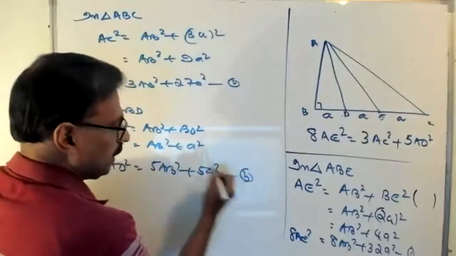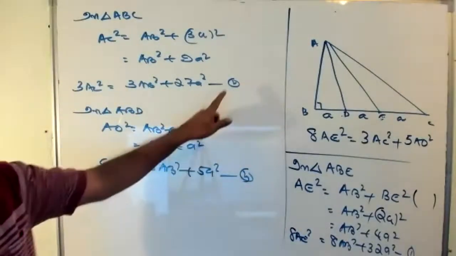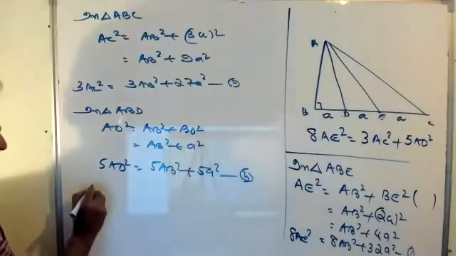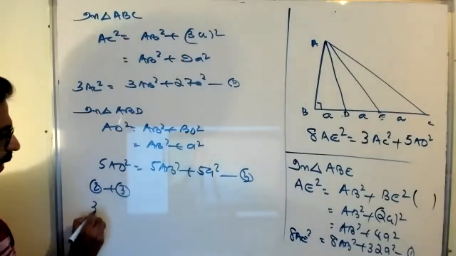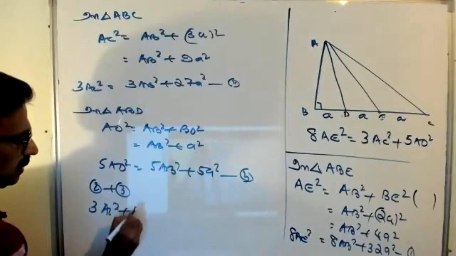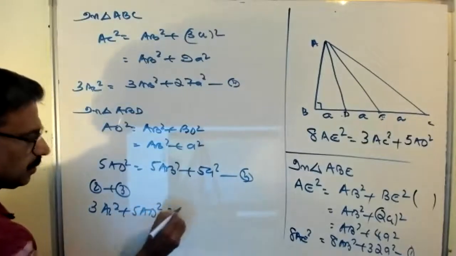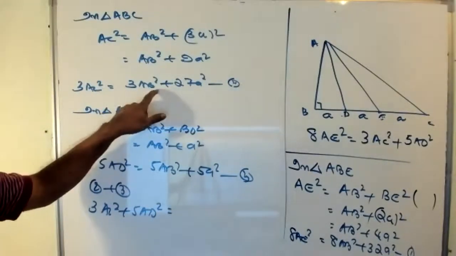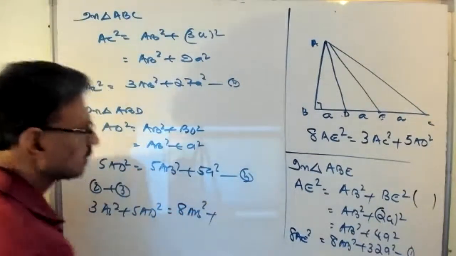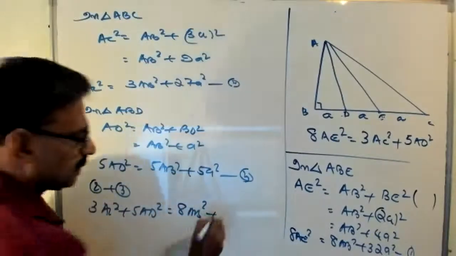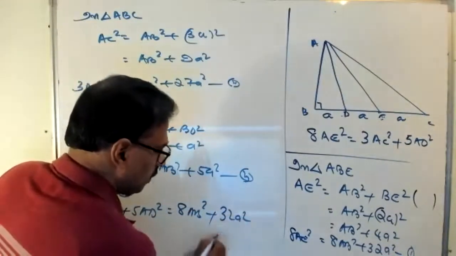Number 3. Okay, add 2 and 3. We get 3AC square plus 5AD square equal to 3AB square plus 5AB square, 8AB square plus 27 plus 5, 32A square.